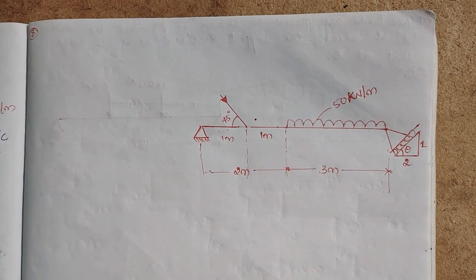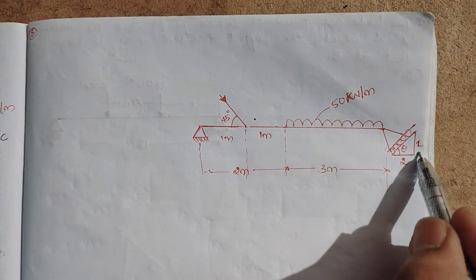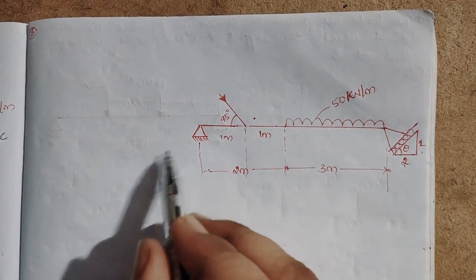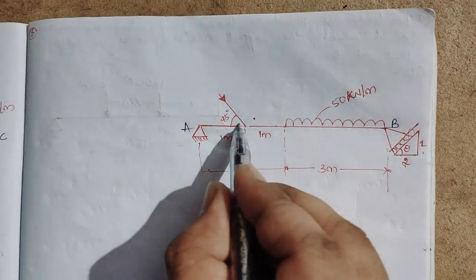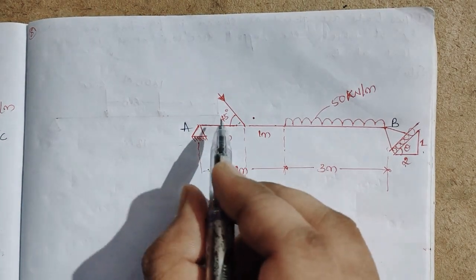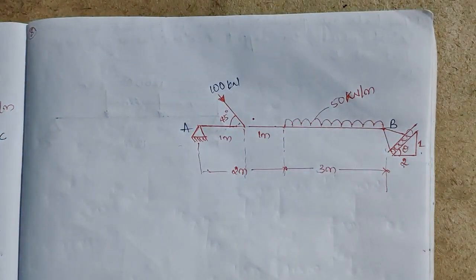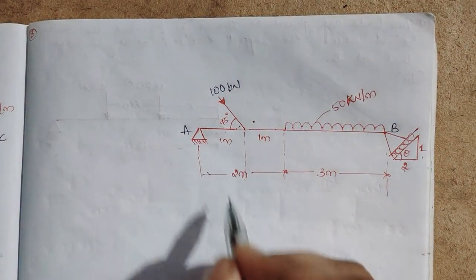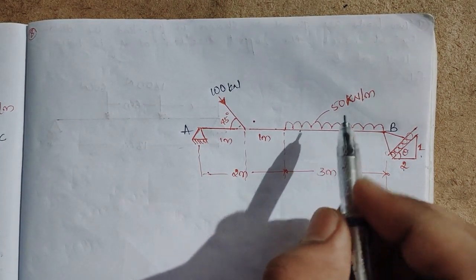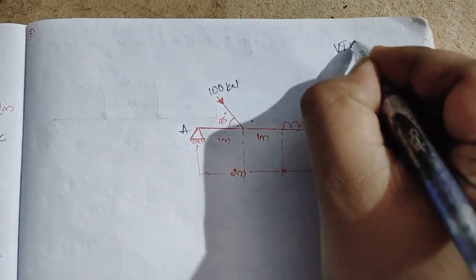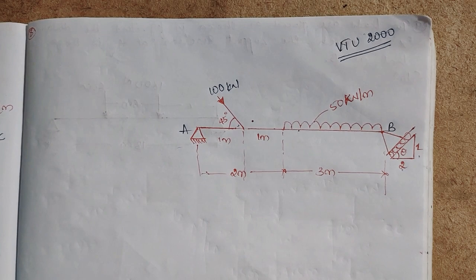You can see here this roller support is inclined with a slope of 1:2, and it is hinge A, B, another force of 100 kilonewton at 45 degree. UDL is given, that is 50 kilonewton per meter, and it is a VTU question asked in 2000.